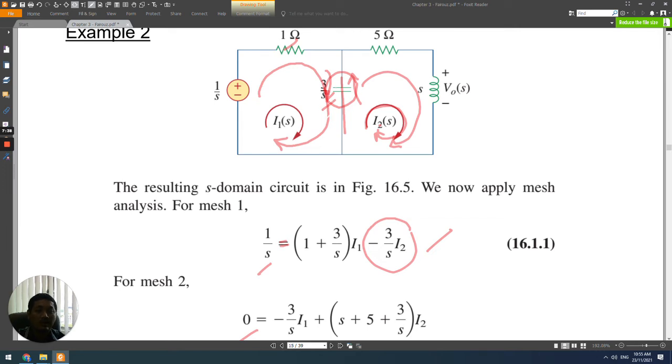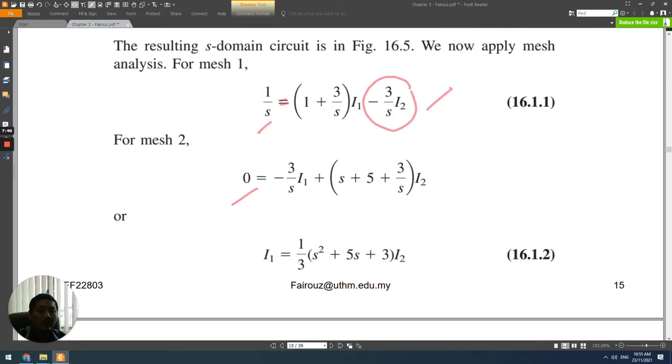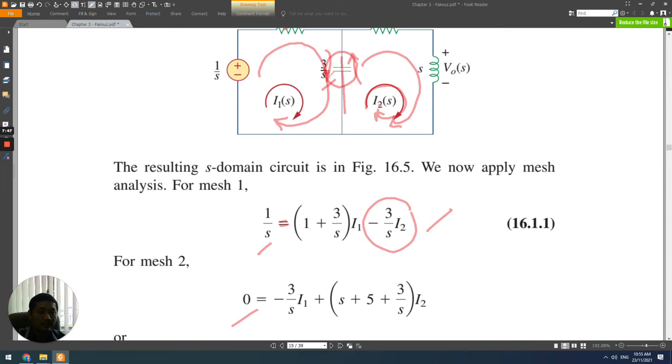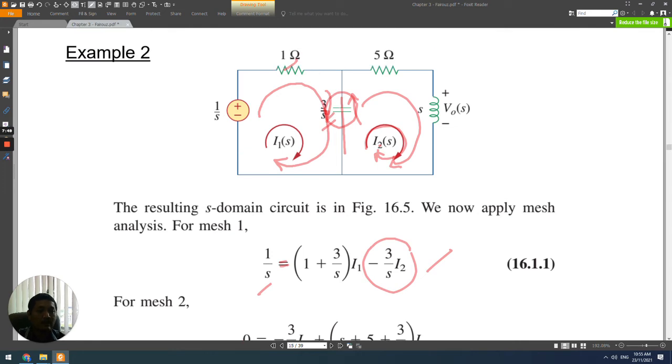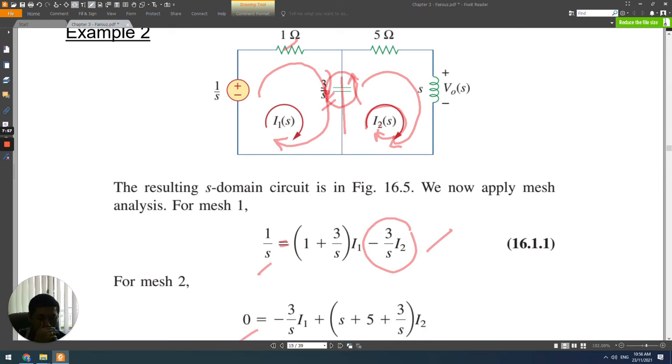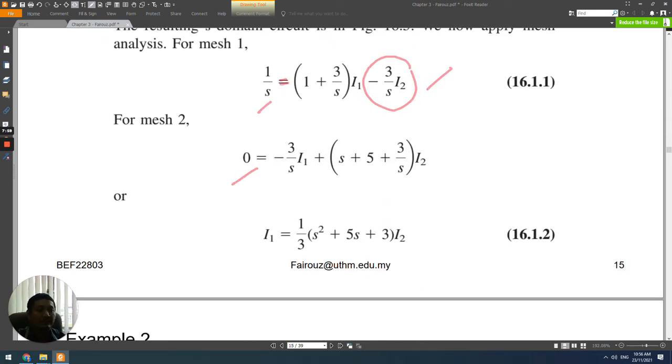That's why I1 is negative: negative I1 times 3 over S. And then the rest is I2 times 3 over S, I2 times 5, and I2 times S.